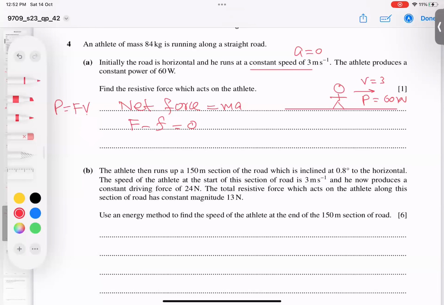If I bring speed under, force equals power by V. So I'm going to use this formula here, and friction goes on the right hand side like this. Now it's just a matter of putting the values and getting the answer. Power is 60, speed is 3, and the friction force we need to find became 20 newtons. So Alhamdulillah, this point is very clear. And let's go for the next part.